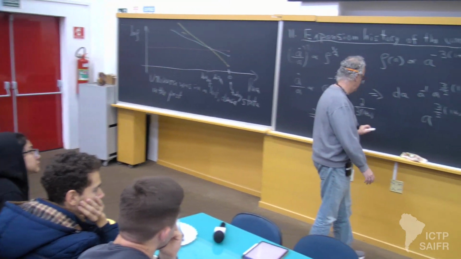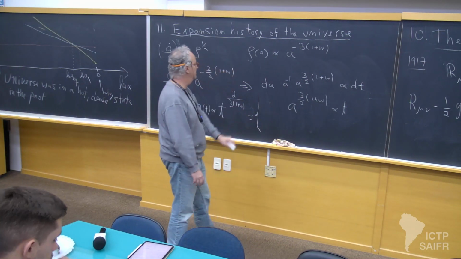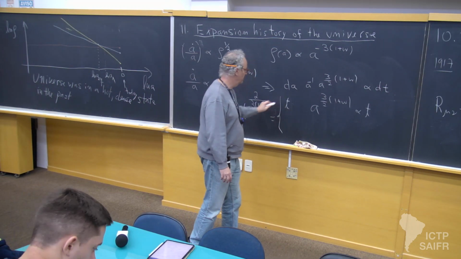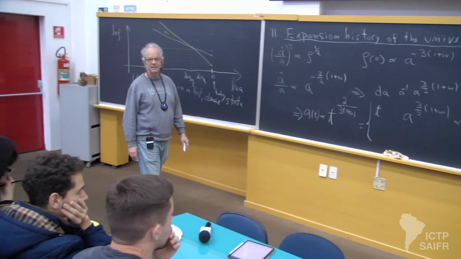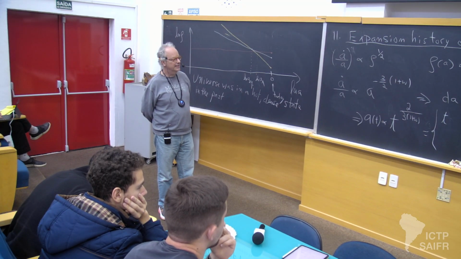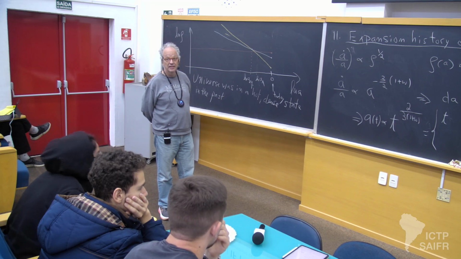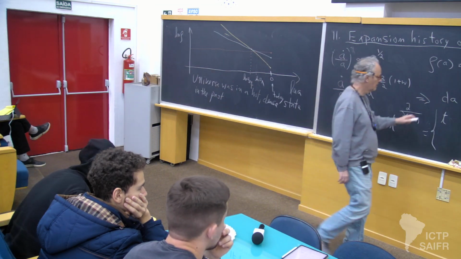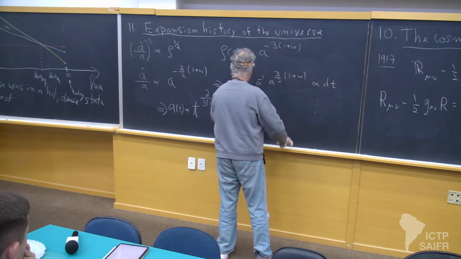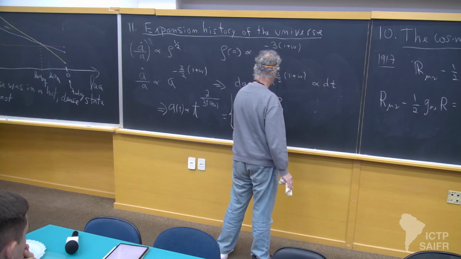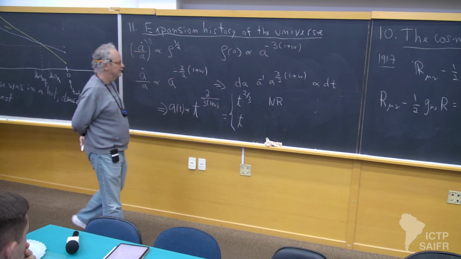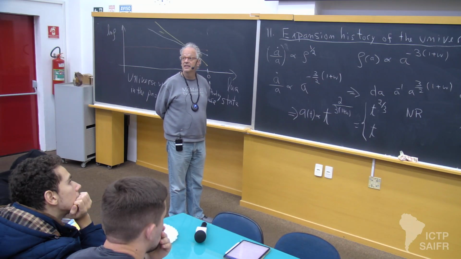So let's see what happens to non-relativistic particles. If w equals 0, this goes like t to what power? If you're looking at non-relativistic particles, 2/3. This is for non-relativistic particles. And for relativistic particles, this goes as 1/2.